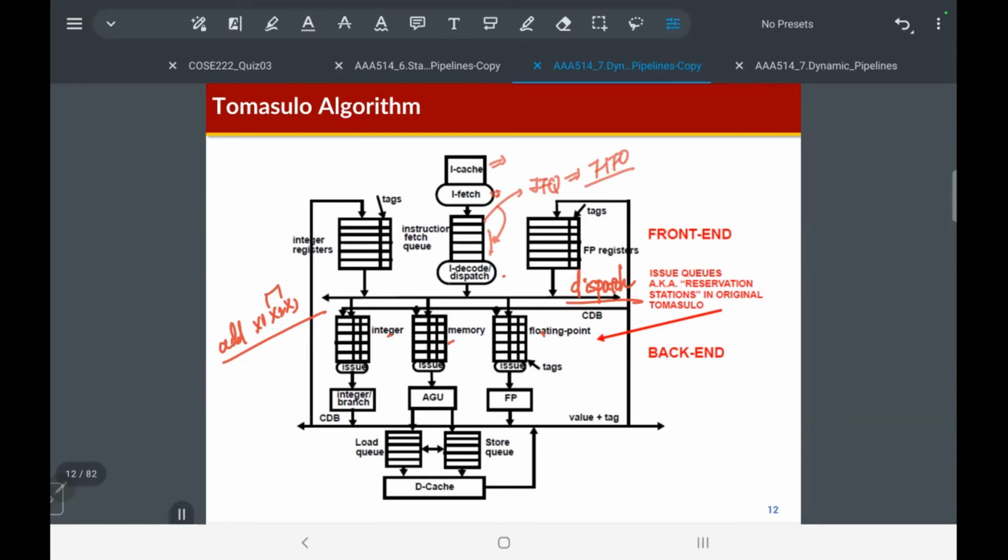If these operands are ready in this processor, then we can execute this instruction. So the instruction can be delivered to the processing engines, the branch unit, the AGU, and the floating point unit. This process is called issue. So the instruction is issued to the processing engine, and the noun form is issuance.